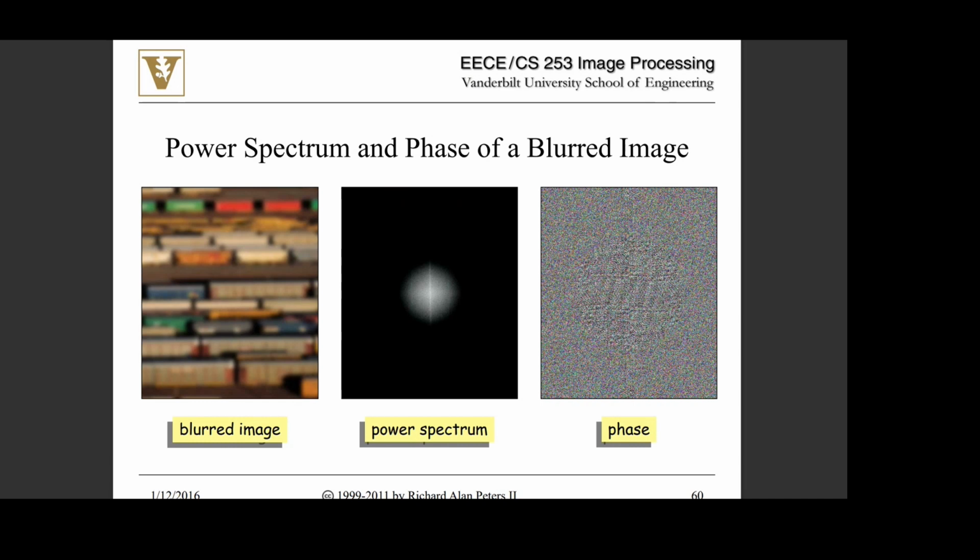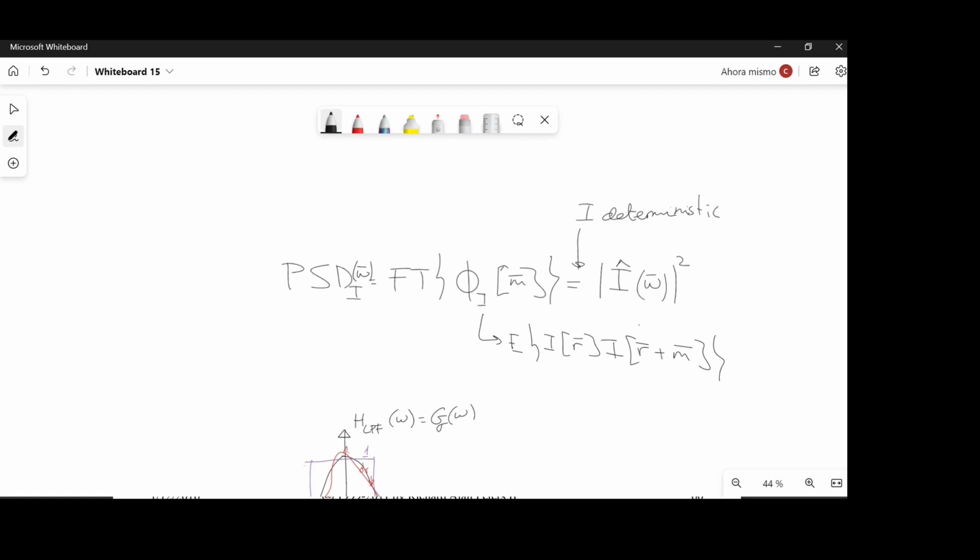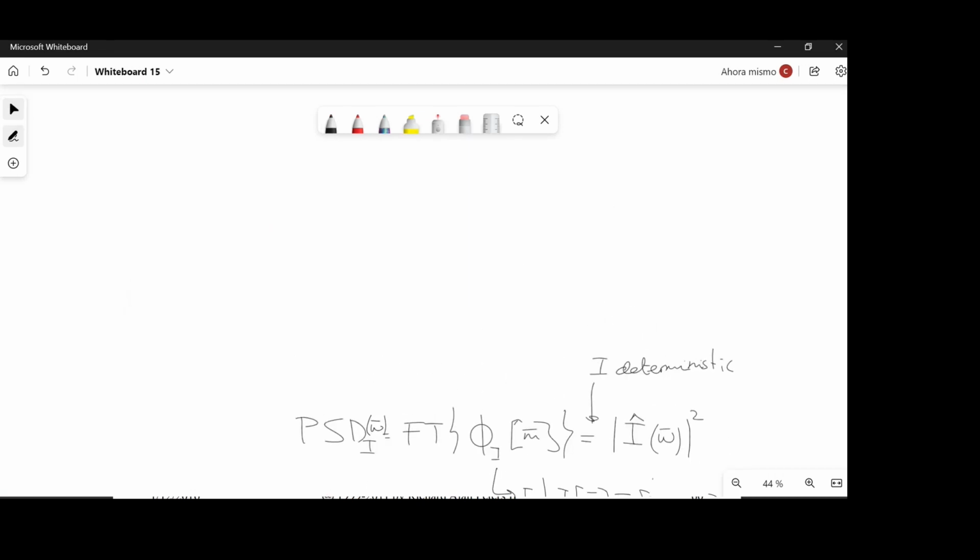So let's look at this. I'm filtering my image. So I have my image in Fourier space, that is my original times my Gaussian. The Gaussian never goes to 0.